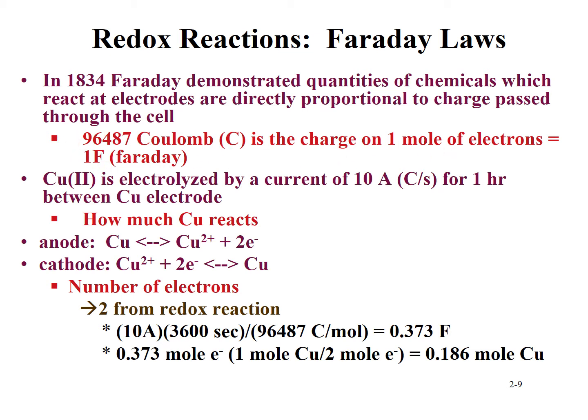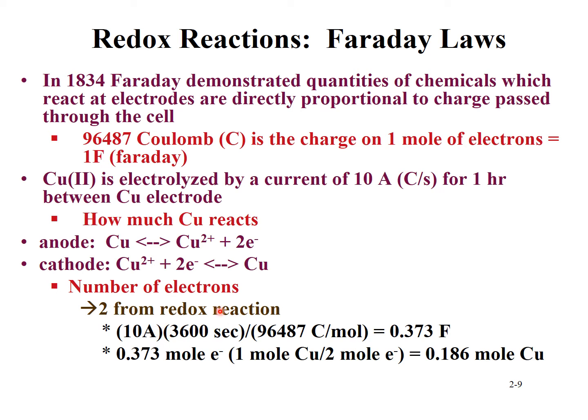This can be used as an example here, where copper 2 is electrolyzed by a current of 10 amps, and an amp is a coulomb per second, for 1 hour between copper electrodes. So how much copper reacts? Well, at the anode, copper goes to copper 2. At the cathode, copper 2 goes to copper. This is used for determining the number of electrons. We have 2 electrons in the system.